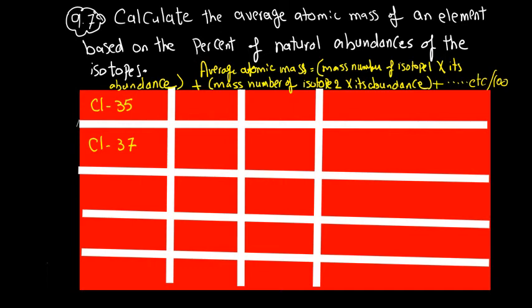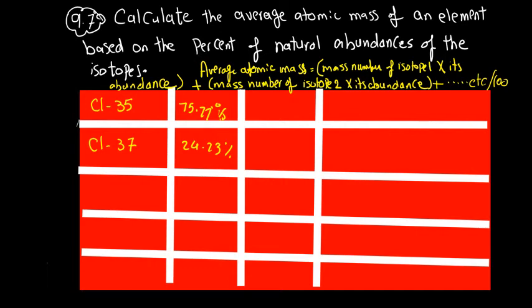Expecting that the percent abundance of the first isotope is 75.77%, and of the isotope Cl37 is 24.23%. How to calculate average atomic mass?